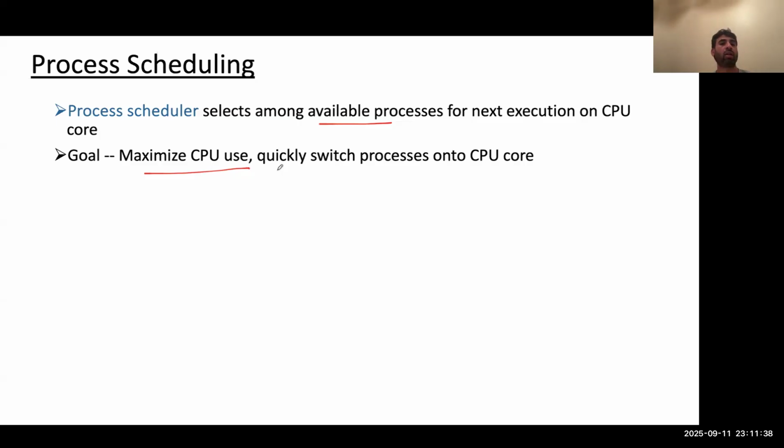And the second situation is that even if a process doesn't make a request for the IO device, or is not waiting for any event, even in that case we still want to switch it frequently. Why? Because we don't want a user to experience that his or her process is not making any progress.